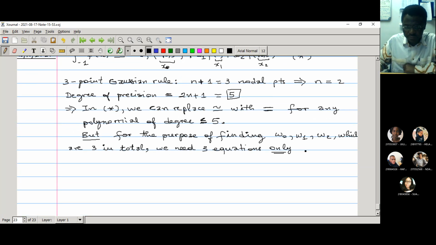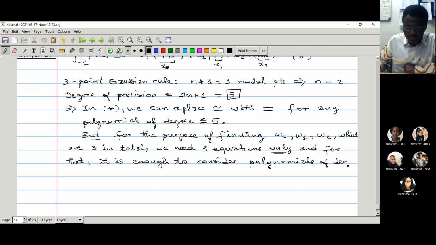And for that, it is enough to consider polynomials of degree less than or equal to 2.